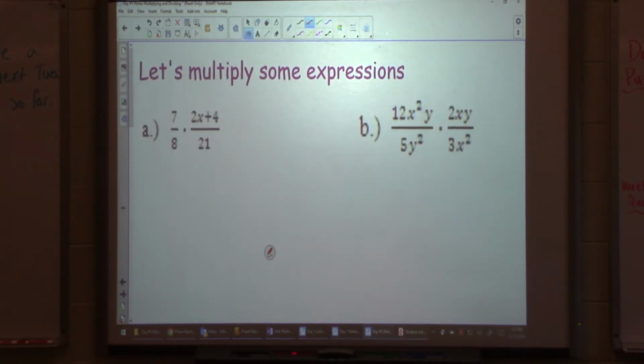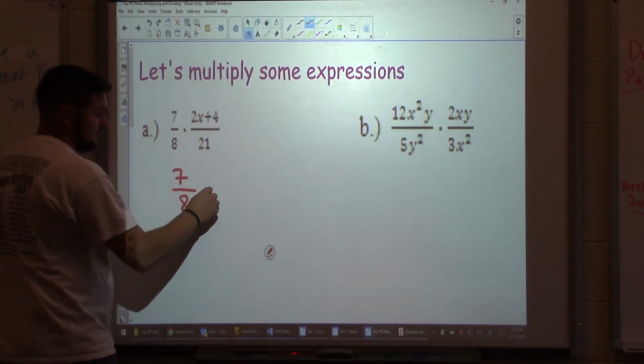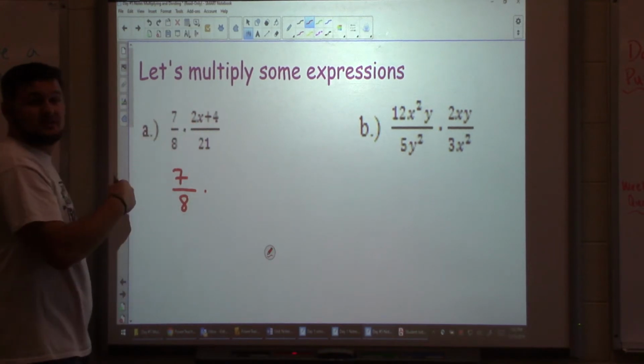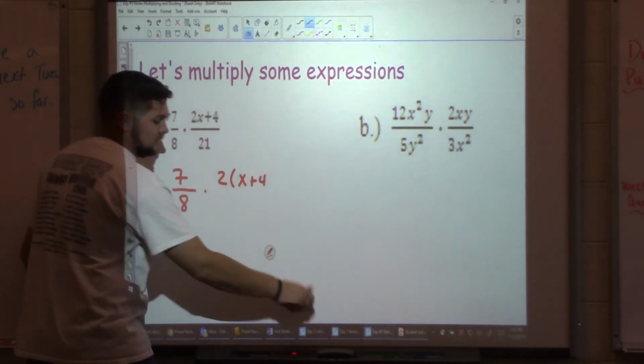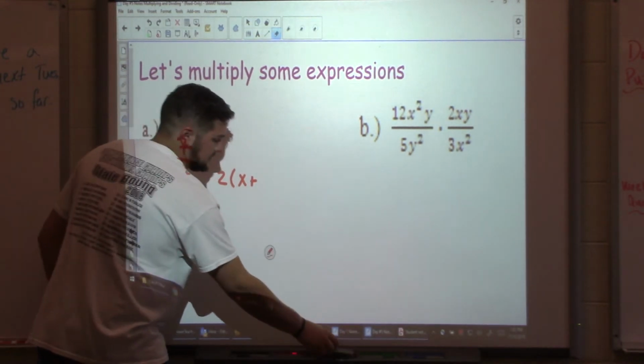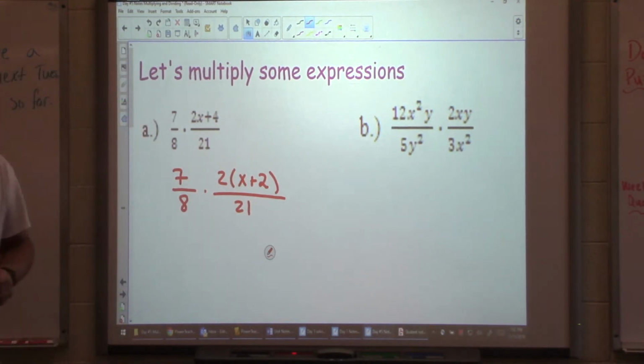Okay, so let's try some. 7 over 8 times 2x plus 4 over 21. Factor first, right? I can't factor 7 over 8. That just stays the same. But the second fraction, I can take a GCF out of 2x plus 4. I get 2 times x plus 2. Now, when I am simplifying, anything in the numerator can cancel with anything in the denominator.